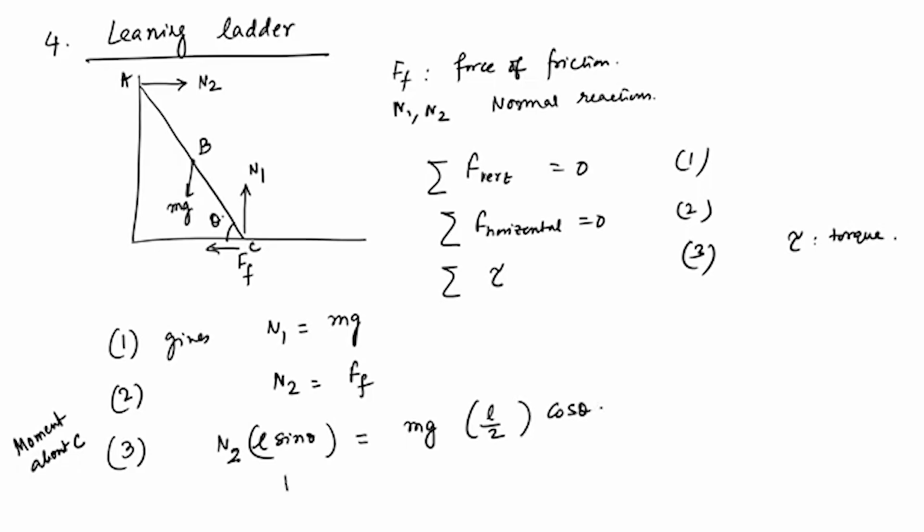So that tells us that N2 is equal to mg by 2 tan theta, equal to F of f.